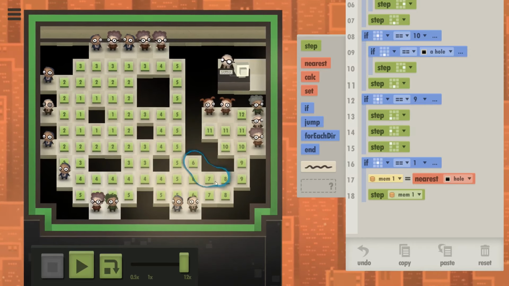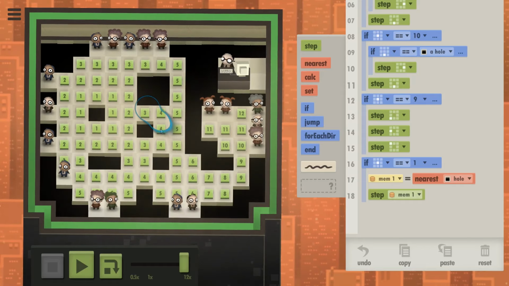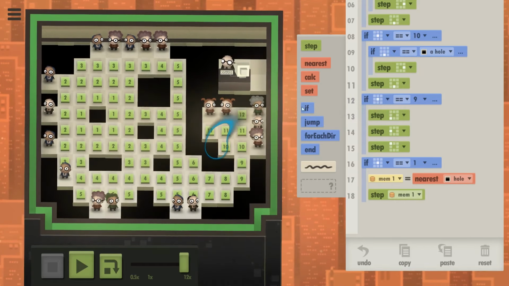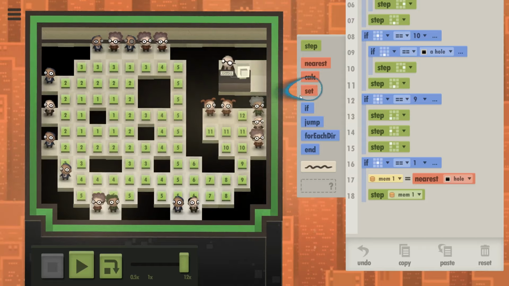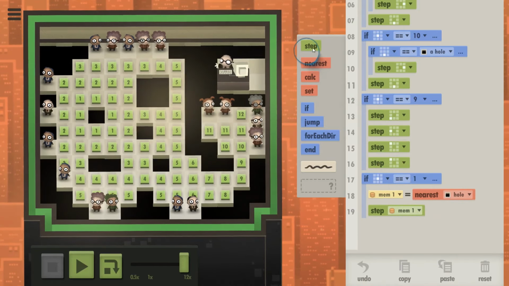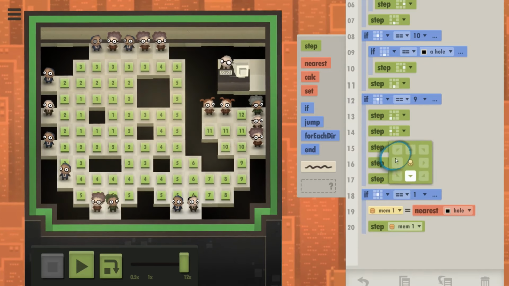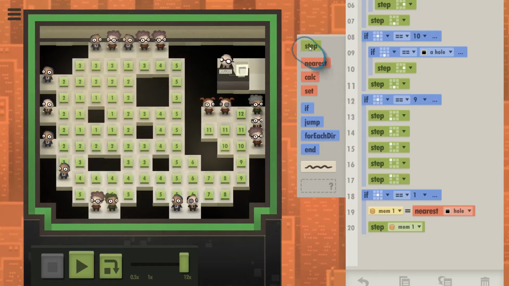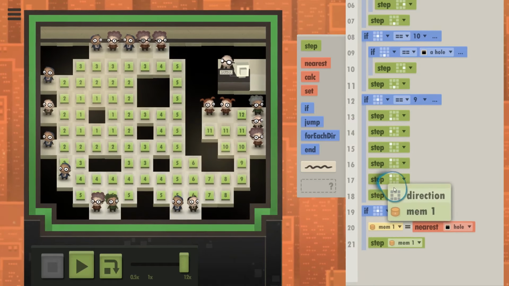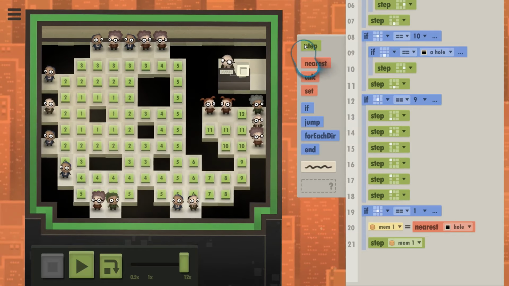So you're going to go doot, doot, doot. Go 1, 2, 3. 1, 2, 3, 4. So it's going to be a grand total of 4 to the upper left. And then 1, 2, 3.